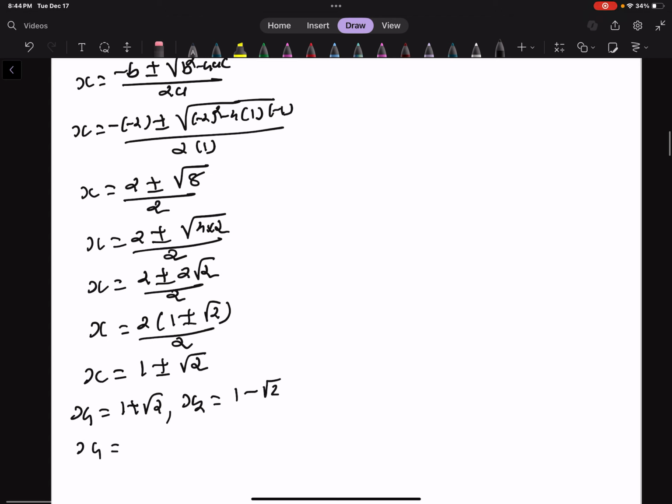If we take the approximate value of root 2, which is 1.4, then x1 equals 2.4. Here we need the value in decimal for verification, and x2 is minus 0.4.